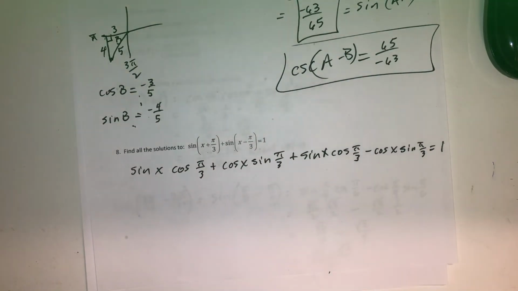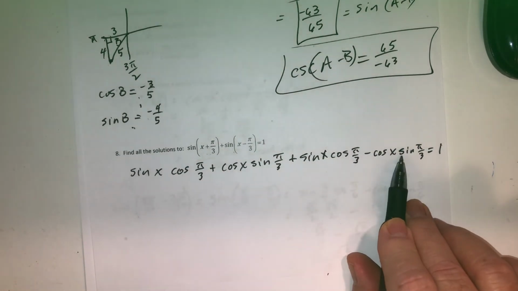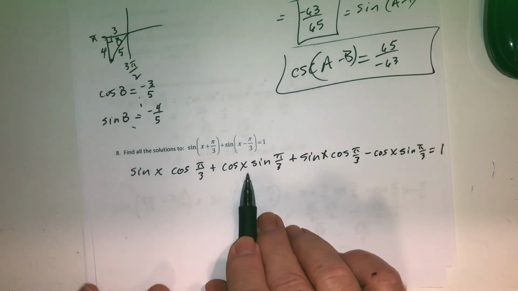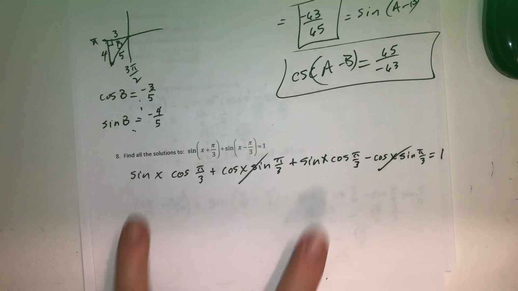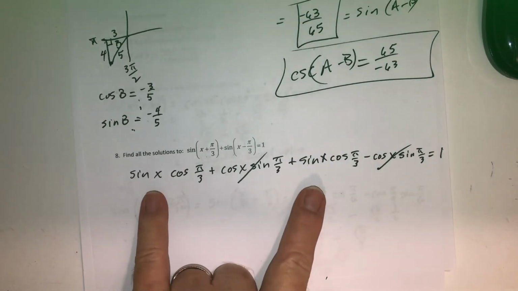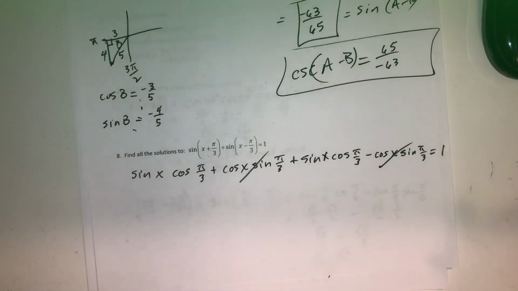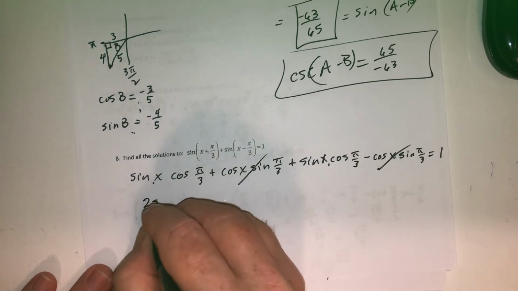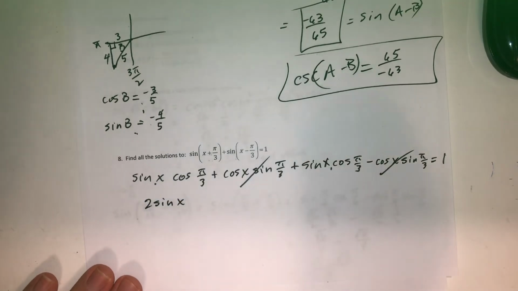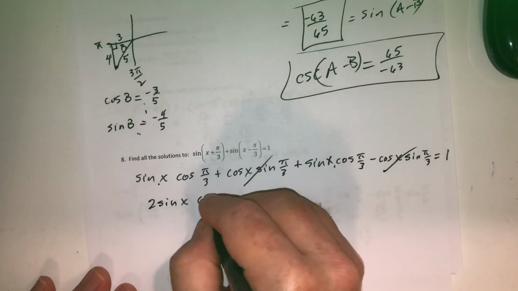Okay, all right. Now, when we look at that, I see that this term, the cosine of x times the sine of pi over 3, and this term are opposites. They will cancel each other. And I also see that these are the same, which means I'm going to combine those two terms into one and rewrite that plus that as 2 times the sine of x times the cosine of pi over 3.